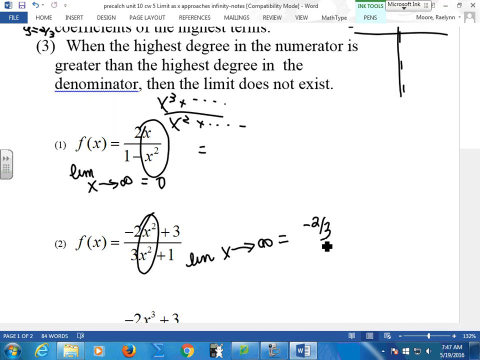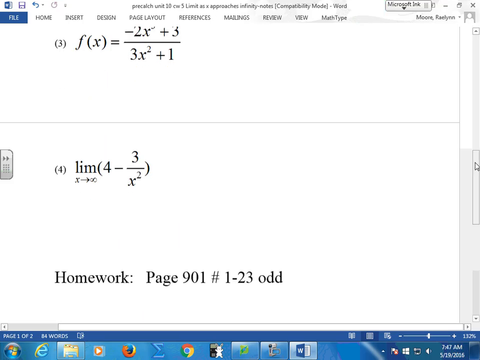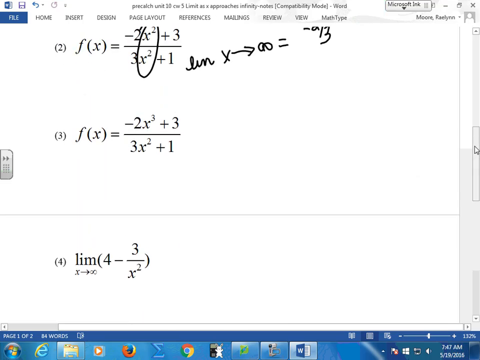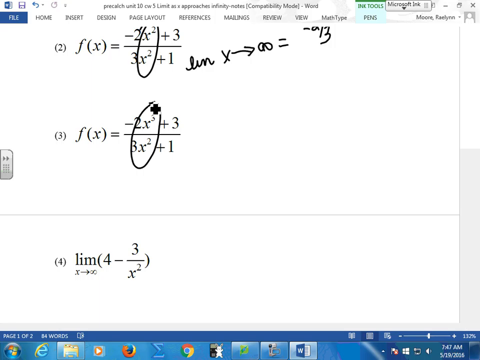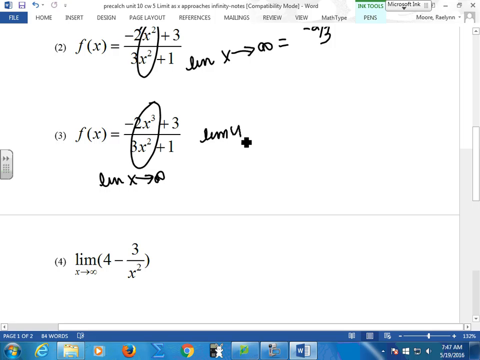And the last one, oh, not the last one. When the degree in the numerator is greater than the degree in the denominator, that's your third one. We say there's no horizontal asymptote, so we say the limit as x approaches infinity does not exist. That's it. Same exact rules you knew before.